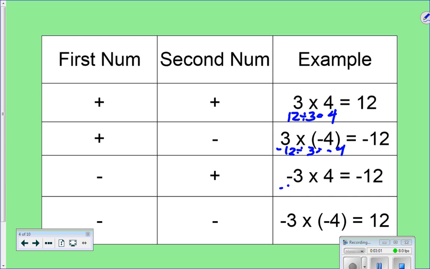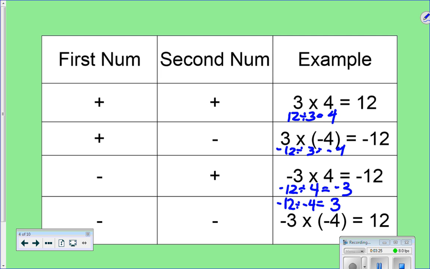If I do negative 12 divided by 4, my answer is negative 3. Then negative 12 divided by negative 4, my answer is going to be 3.